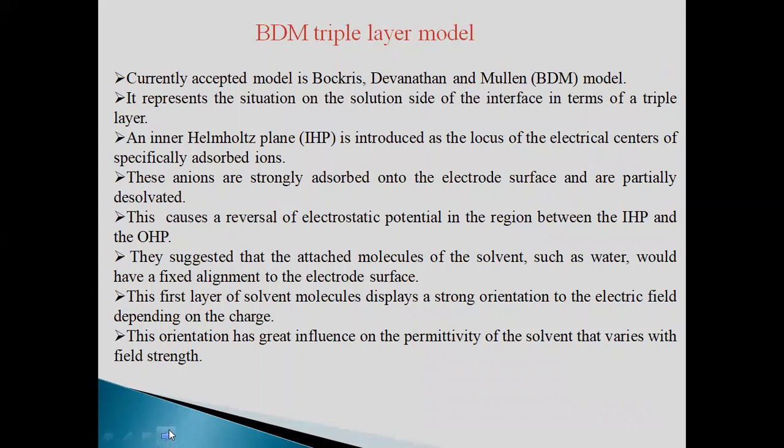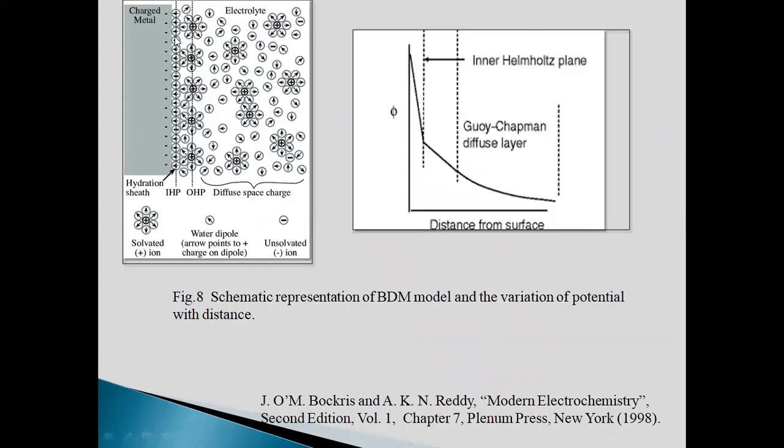The BDM model is known as the Bockris, Devanathan, and Muller model. It represents the solution side of the interface in terms of a triple layer. It is specifically designed for water molecules. In this, an inner Helmholtz plane is introduced as the locus of the electrical centers of specifically adsorbed ions, as shown here.